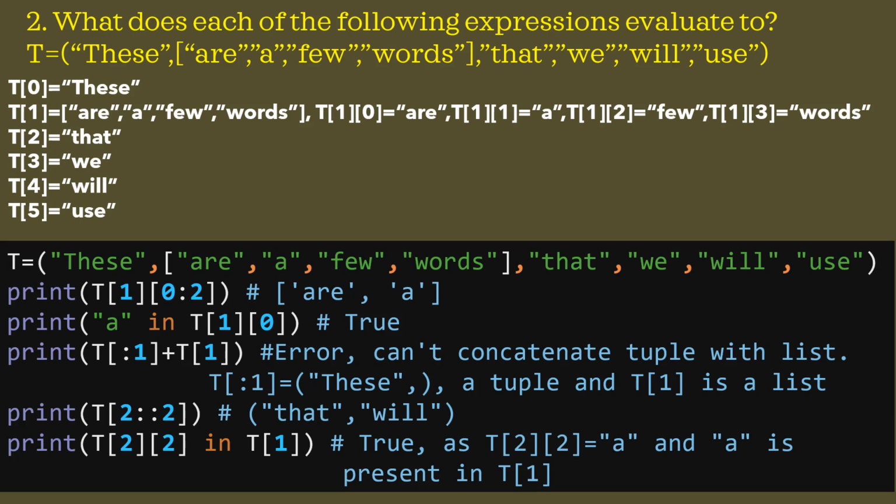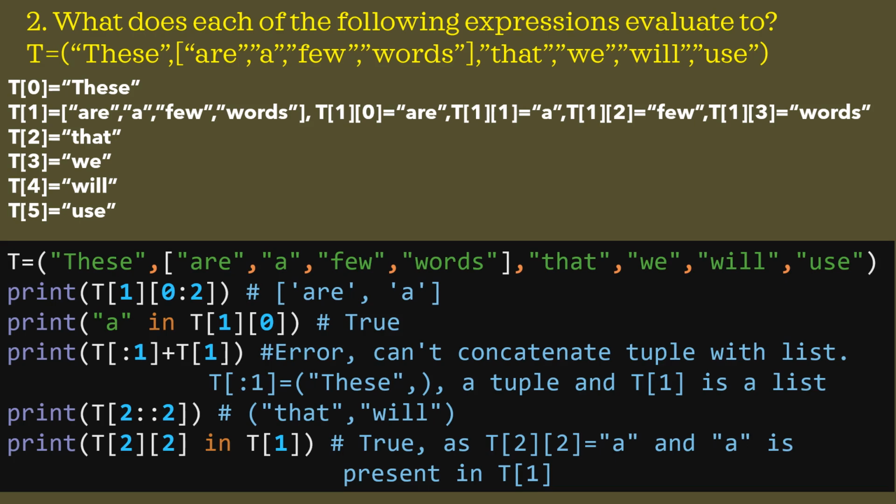Now from this list we have to access the values from index number 0 to 2, that means the values at index number 0 and 1. So these two values are "R" and "A", two strings in the form of a list. That is the output of this print statement.